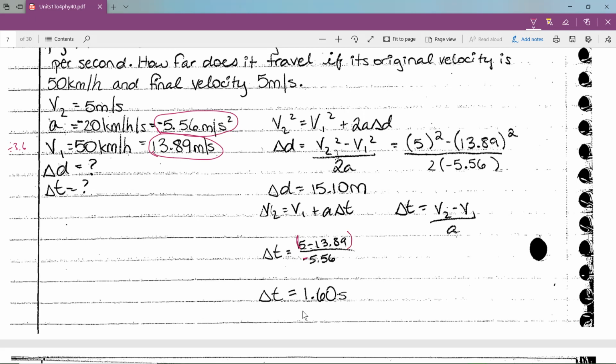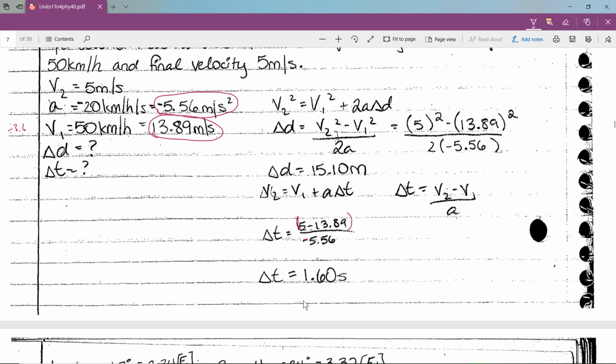So I get 1.6 seconds. So be careful with the units, right? Kilometers per hour per second, convert that to meters per second per second. So it was not a stopping time. It didn't go to 0, sorry. But the slowing down time to 5 meters per second took 1.6 seconds.